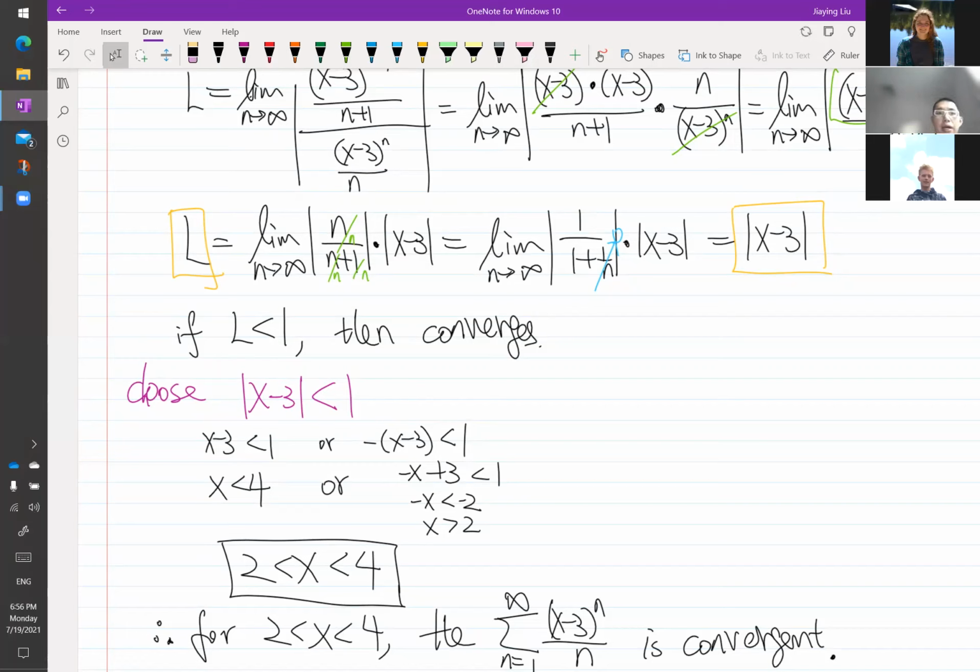That's what I do. I take a test, the ratio test or the root test, and just do the normal work, and then at the end, choose the condition for x that will make the series convergent.